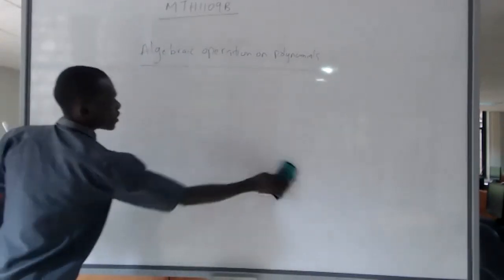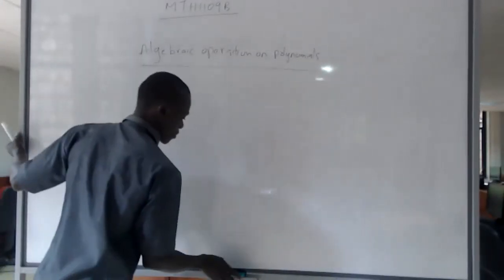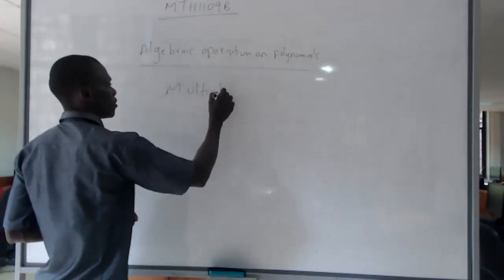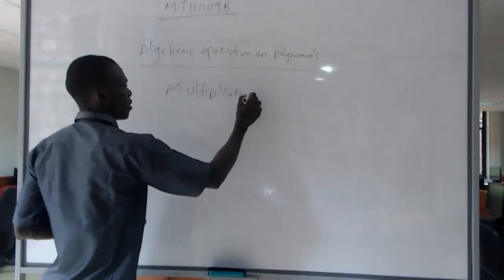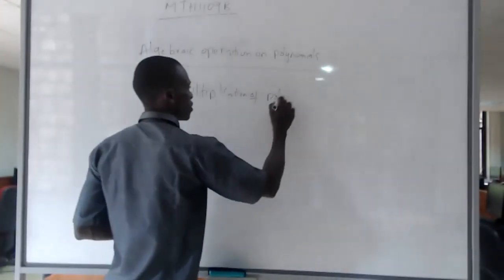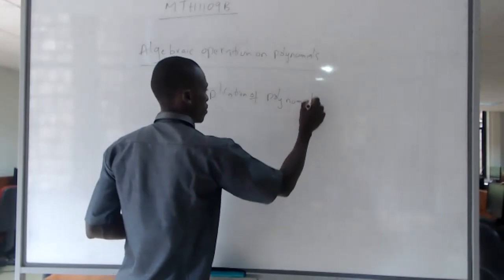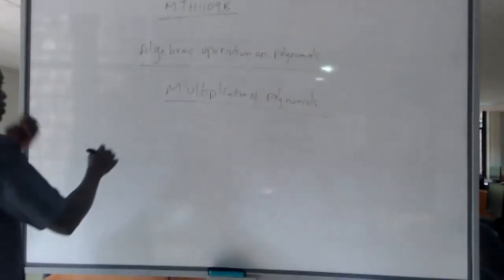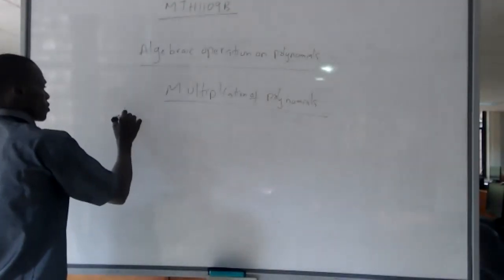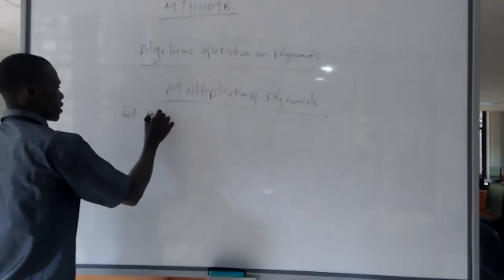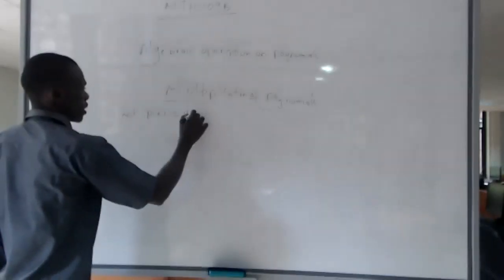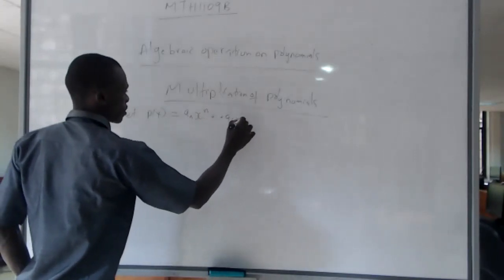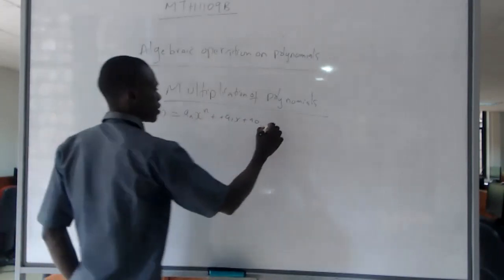Multiplication of polynomials. So let P of x be the sum a_n x to the n plus a_1 x plus a_0.